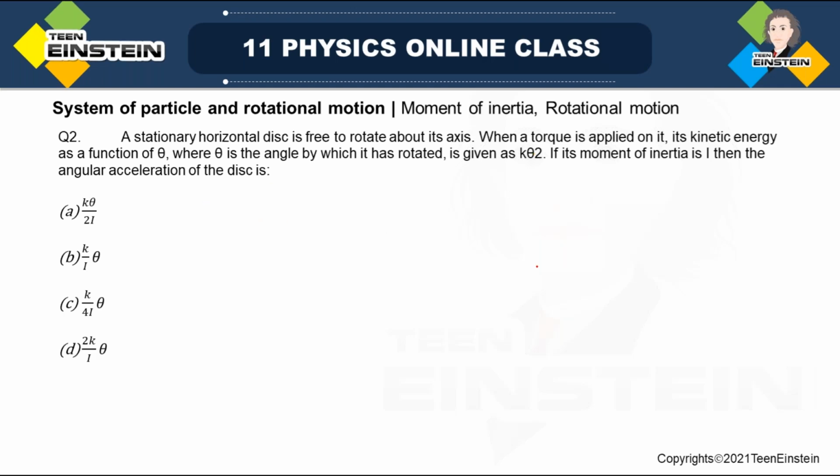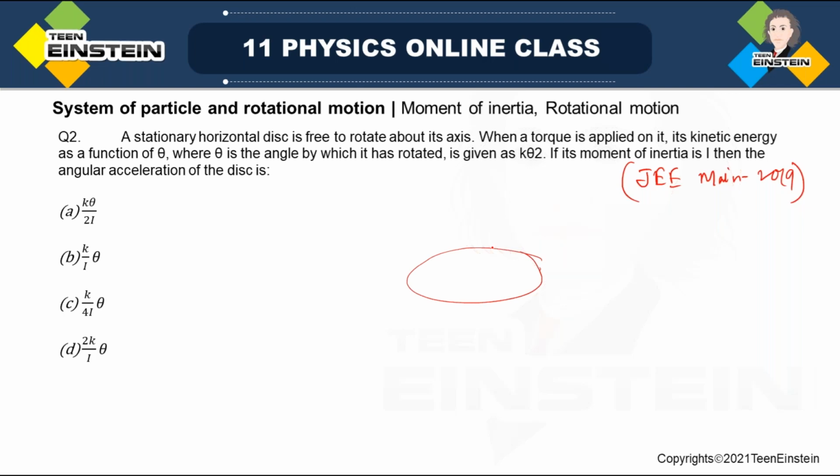This question is also from JEE Main 2019. The question states that a stationary horizontal disk is free to rotate about its axis, like this.